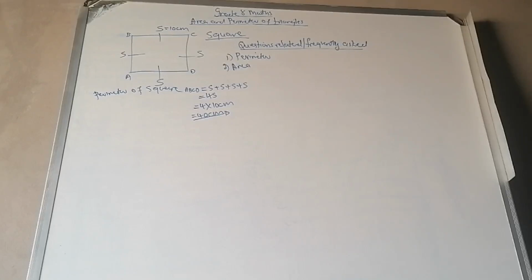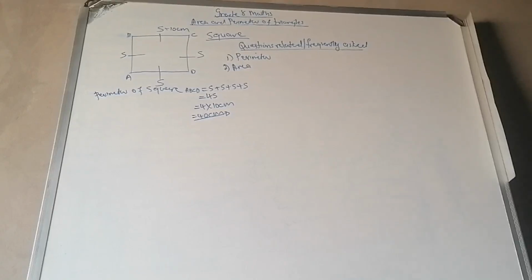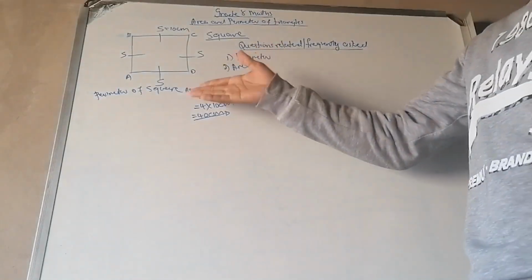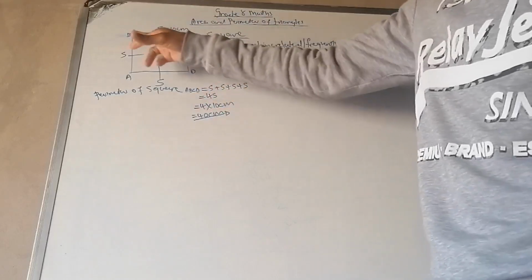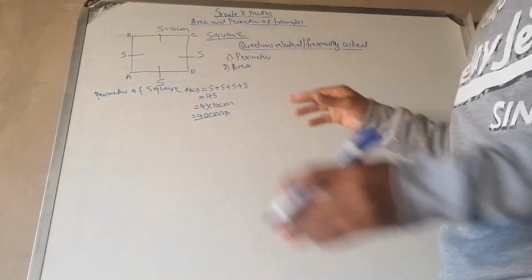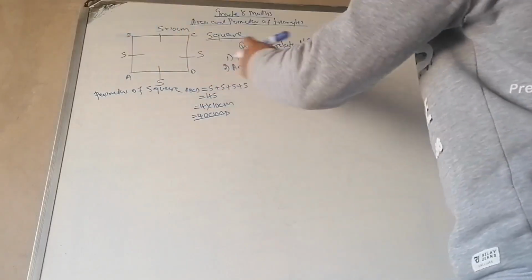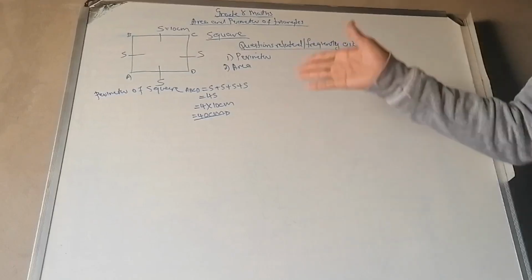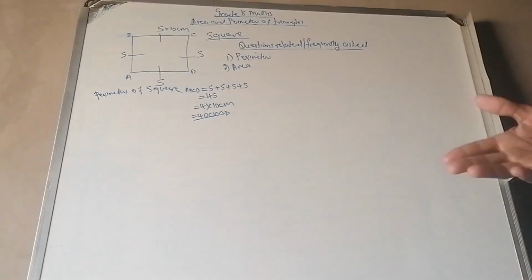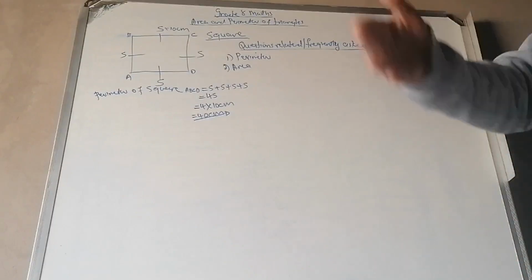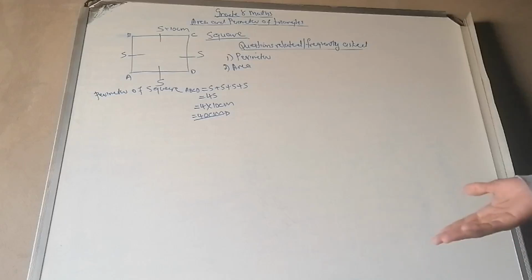A square is a four-sided figure from which you can calculate its perimeter. The perimeter of that four-sided figure ABCD is side plus side plus side plus side. Side plus side plus side plus side is 4S. Okay? Look at x plus x is 2x. x plus x plus x is 3x. Okay?